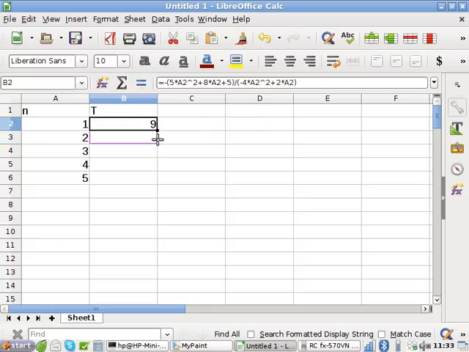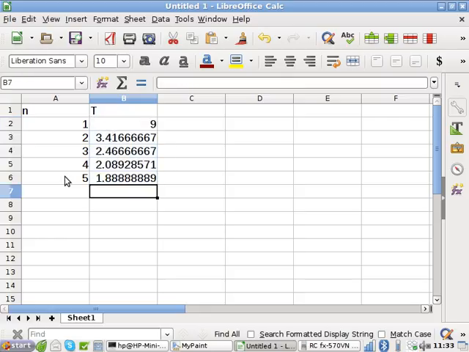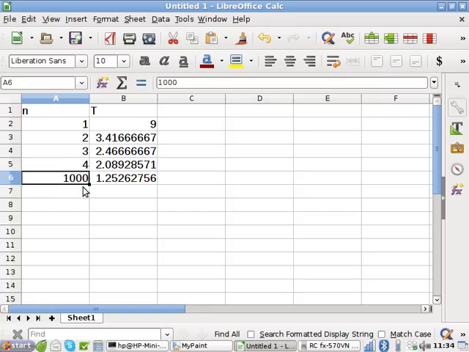Then when I put in 2, I get this number, 3 is this, 4 is this, 5 is this. But let's skip down to a big number. Rather than going up one by one, let's just jump to 10. I get this number. What about T100? I get this. T1000? I'll get this. So maybe we start to have a feeling about what the limit might be.